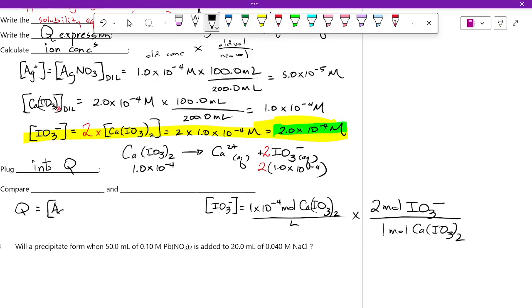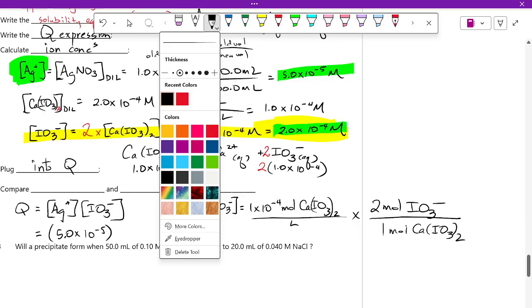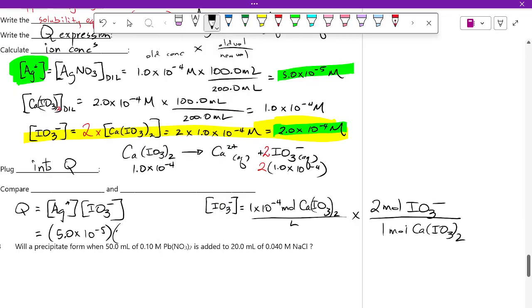Q is equal to silver times IO3 minus. And then we have our silver, which is 5 times 10 to the minus 5, times iodate, which is 2 times 10 to the minus 4.